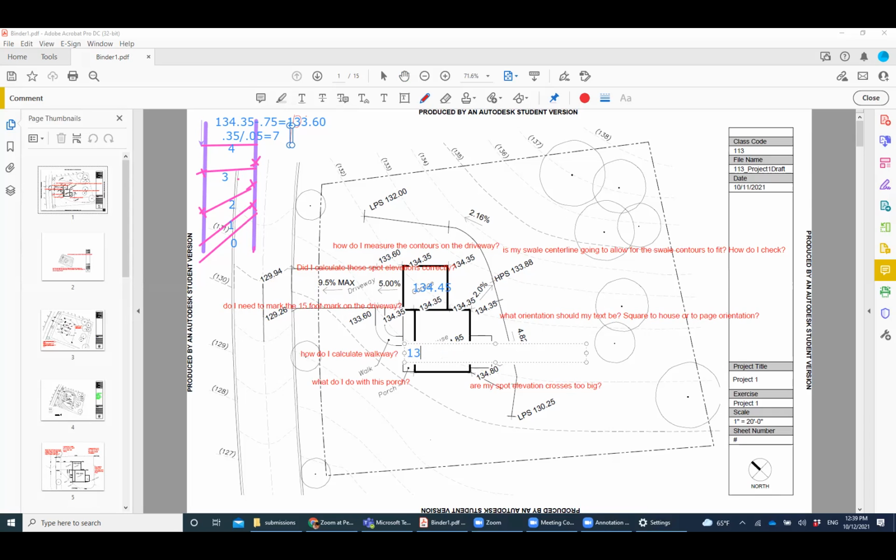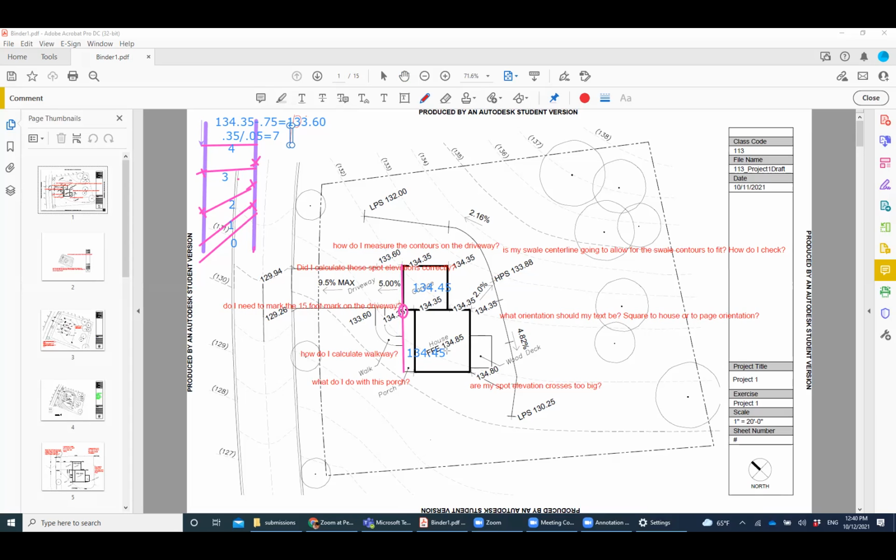The porch could be 134.45. Then this is important because you want this to be the same. Now this whole line would be at the same elevation of 134.35, which is good, right? Otherwise, you would have some differences at the corner, which means suddenly you have a drop or something.